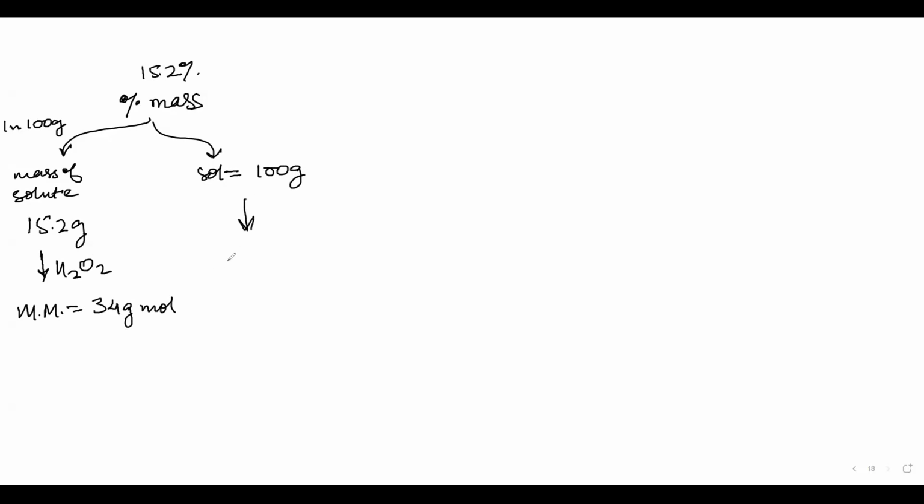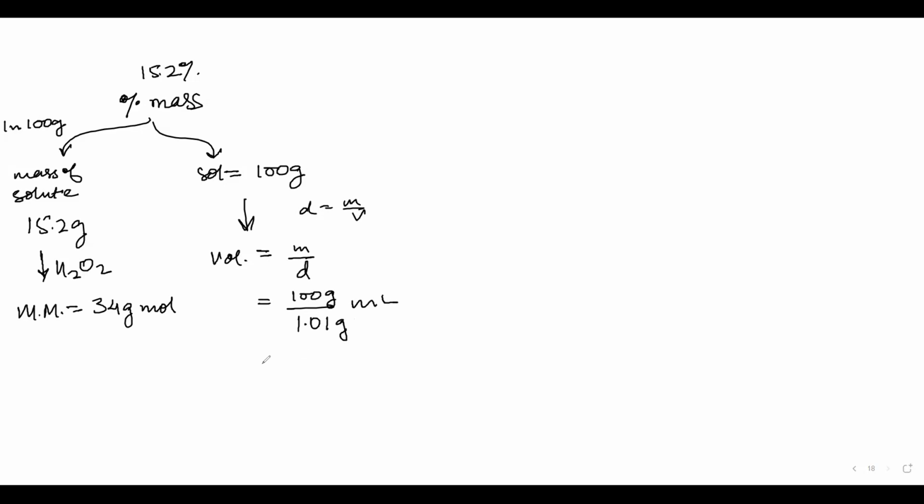Now, if I want to find the volume, we have the density. Density is equal to mass upon volume. Volume will be equal to mass upon density. The mass of solution is 100 grams. Density is given as 1.01 grams per milliliter.